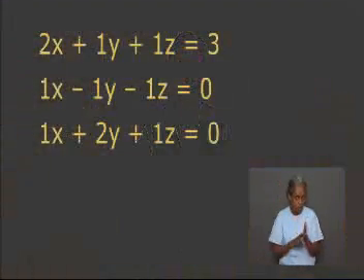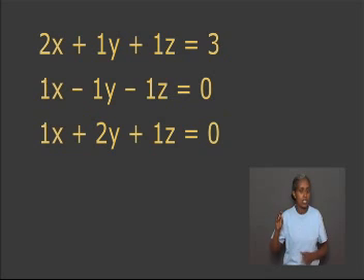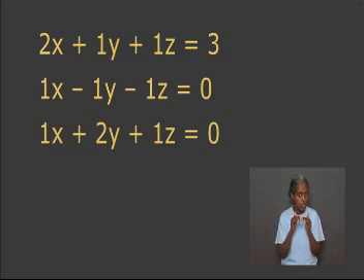Students, are you ready to solve a system of linear equations with 3 variables? Please write down and solve the following system using Cramer's rule. 2x plus 1y plus 1z equals 3, 1x minus 1y minus 1z equals 0, and 1x plus 2y plus 1z equals 0.